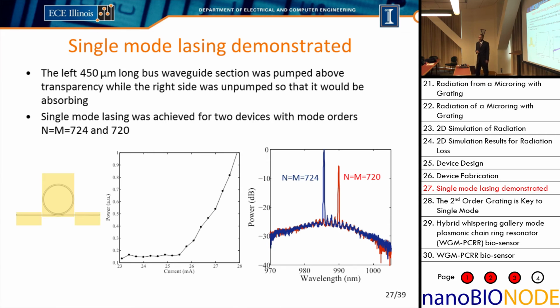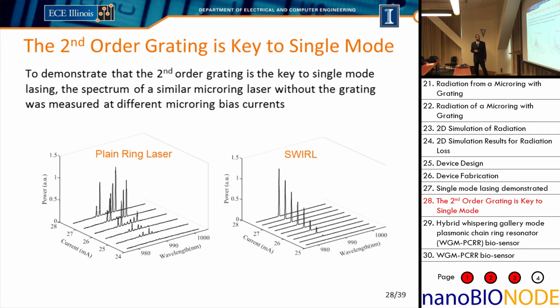And so we have precise control over the wavelength that lases in the structure by defining the azimuthal grating. So the key to getting single mode operation: we've made structures that looked identical to this but without the grating. Without the grating, you get all these resonances competing for lasing, and it's a multi-mode structure.